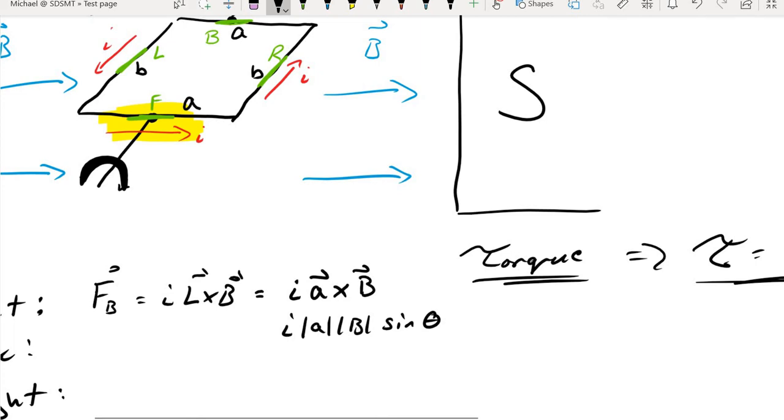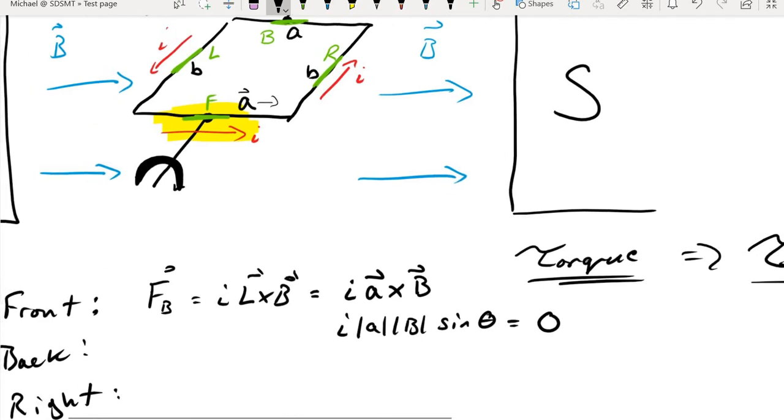So we have a vector A that is pointing to the right. But if vector A is pointing to the right and our magnetic field is pointing to the right, then the angle relationship between them is 0, and sine of 0 is 0, which means there's no force acting on that front leg of our loop.